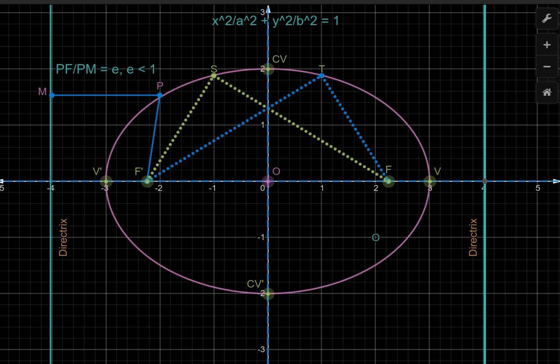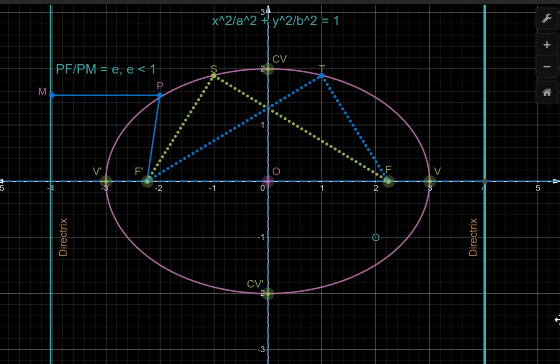So if you divide the line in the ratio of e to 1, then you can get the equation which is x square over a square plus y square over b square equals 1. Perfect. So that becomes a standard equation for any ellipse which has a center at the origin.